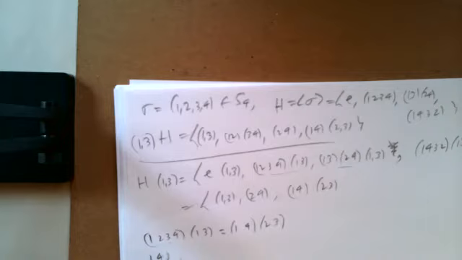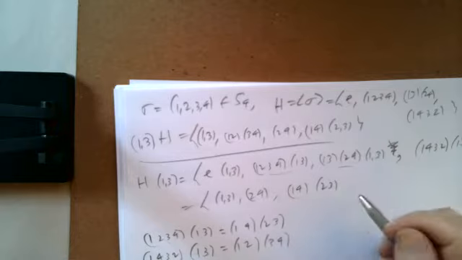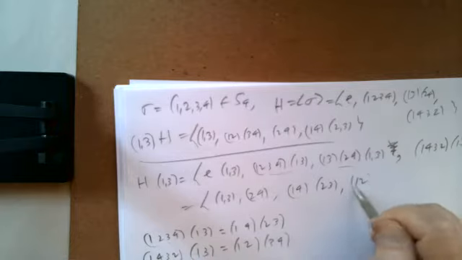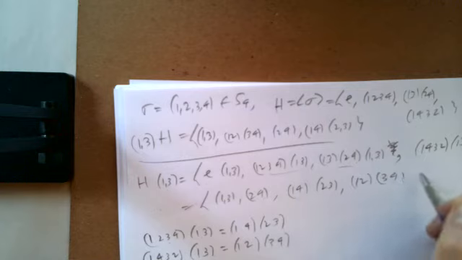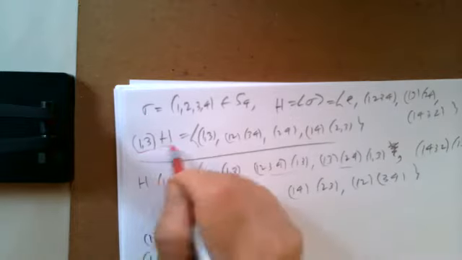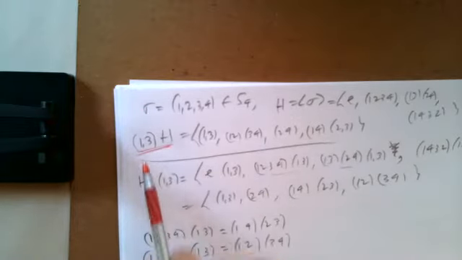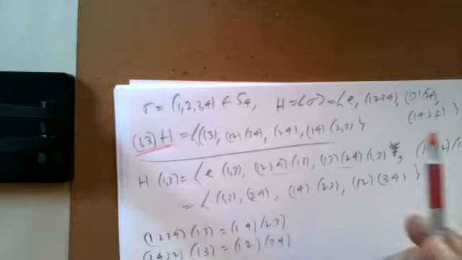(1 4 3 2) times (1 3). 1 goes to 3 goes to 2. 2 goes back to 1. 3 goes to 1 goes to 4. 4 goes to 4 goes to 3. So this is (1 2)(3 4). So the left coset consists of (1 3), (2 4), (1 2)(3 4), (1 4)(2 3).